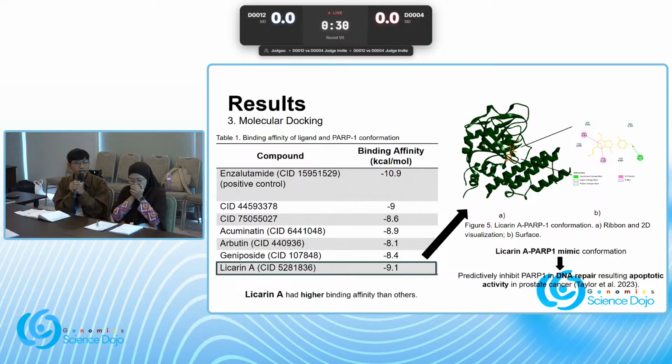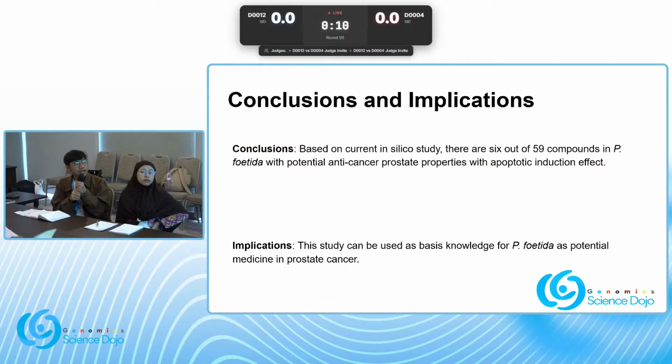As you can see on the right side, there are several amino acids that dock, which means it can mimic the ligand and the current drugs, and it is predicted to inhibit PARP1 in DNA repair, resulting in apoptotic activity. Next slide. Based on our current in silico study, we found that 6 out of 59 compounds have potential anti-cancer prostate properties. Thank you.